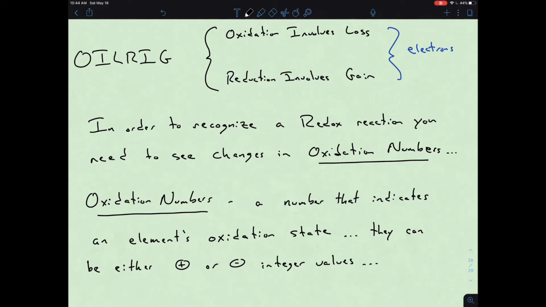These values, these oxidation numbers, can be either plus or minus, and they're integer values, so you're not going to see 1/2 or 1/3.